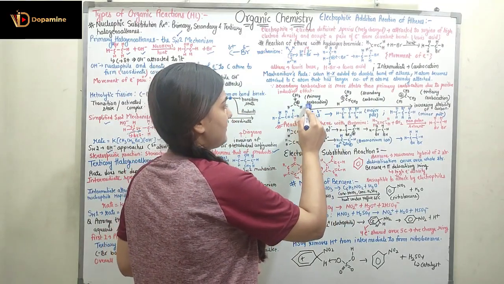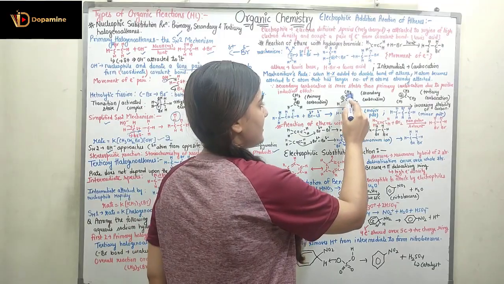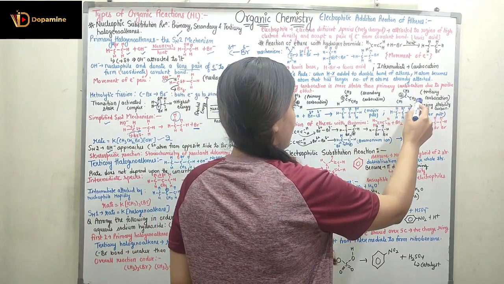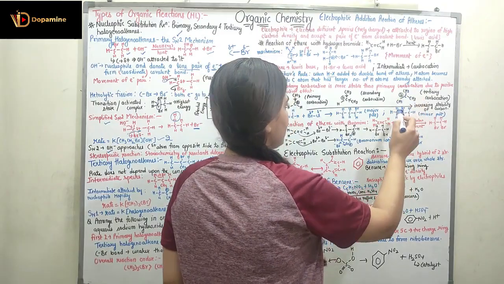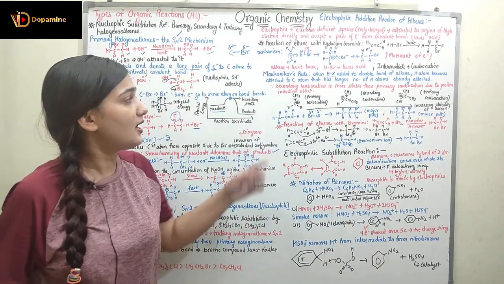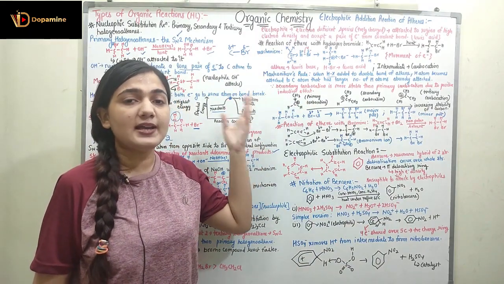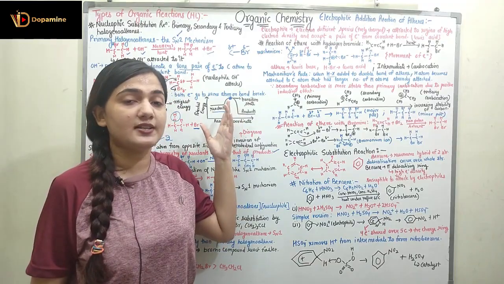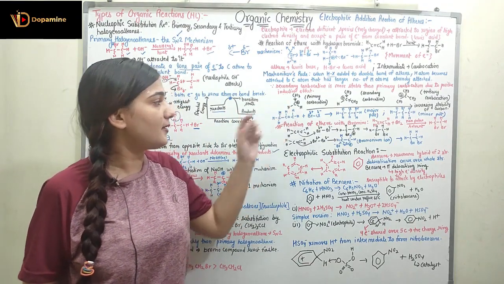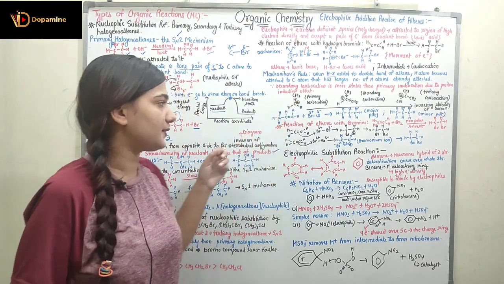This is my primary carbocation, CH3 with H, H. This is my secondary carbocation, with CH3 and H, and this is my tertiary carbocation, with CH3, CH3, CH3. So stability increases towards the tertiary, due to the positive induction effect of the methyl groups present.